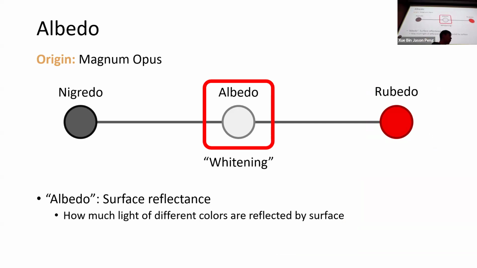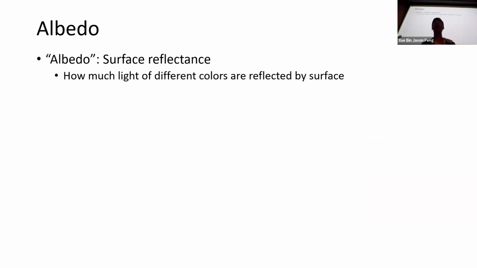And here, albedo represents the amount of light that's being reflected by the surface. So a surface with a high albedo value will appear white because it's going to reflect light of all different colors roughly uniformly in all directions. This will correspond to an object that's white if you illuminate it with uniform light.